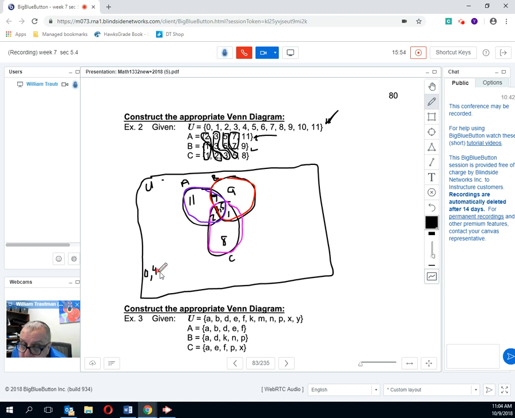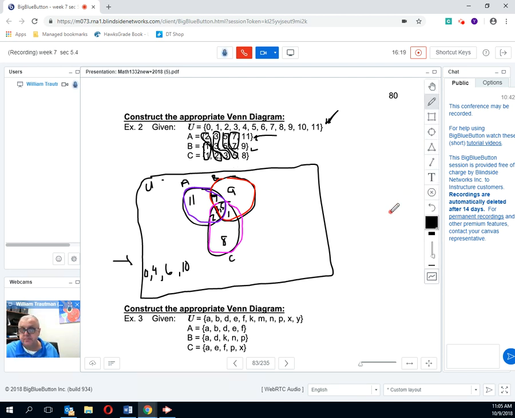Nobody has a 6 in it. And 7, 8, 9, and nobody has a 10 in it. These numbers are in the universal set, but they're not in A, B, or C. So that's why we put them, you see, outside of the circles, but they're still in the universal set. And this is how you would construct a Venn diagram.